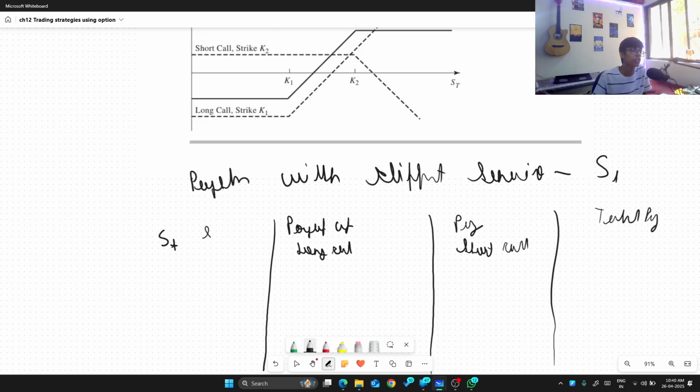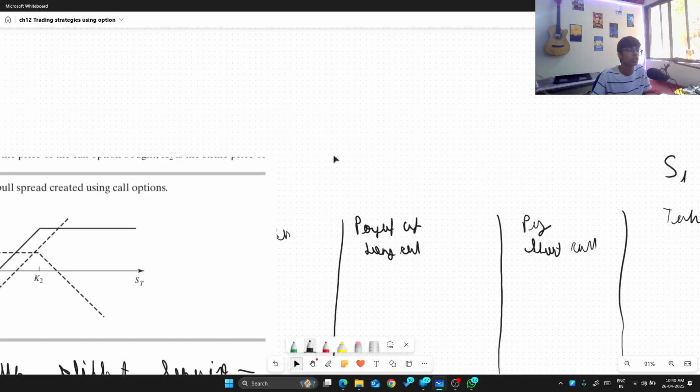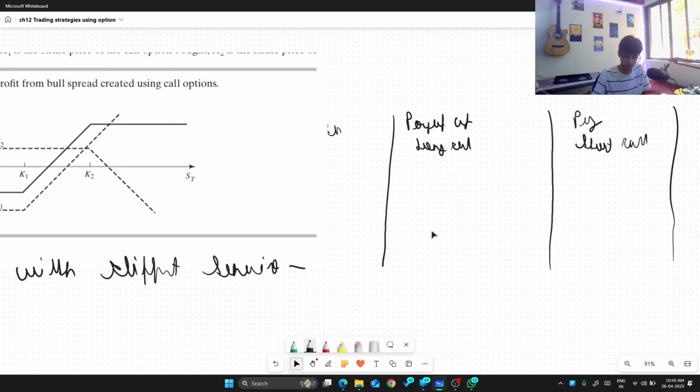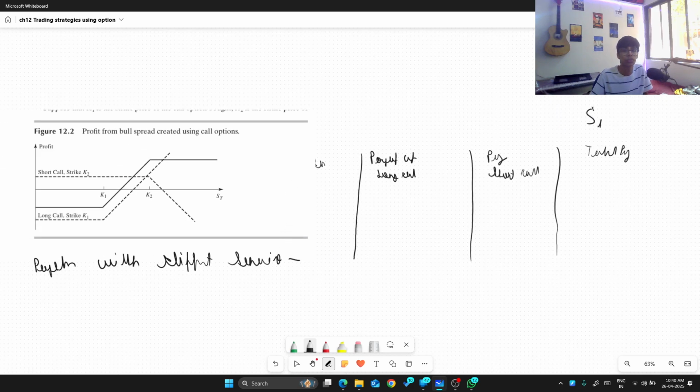And this is the scenario table. Total payoff, right?